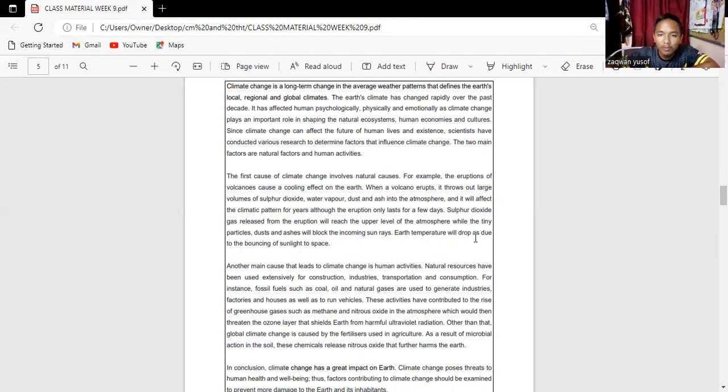Earth's temperature will drop due to the bouncing of sunlight to space.